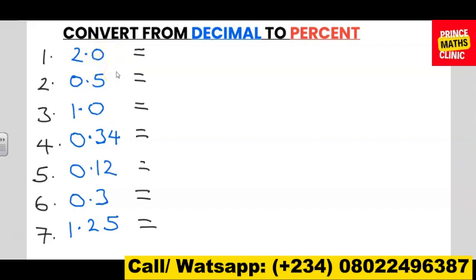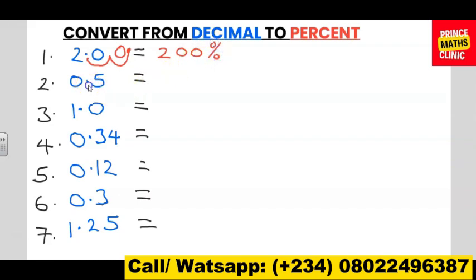So here is the approach I'm going to adopt. Because I want 2 digits after it, watch what I'm going to do. I'm going to move this point 2 steps to the right, 1, 2. I'll fill up this space with 0. Now my point is here, so therefore I can call this number 200. Then you put percent. Good.